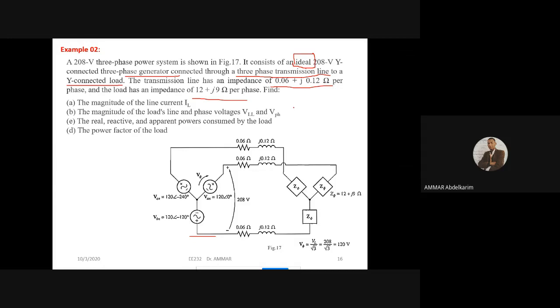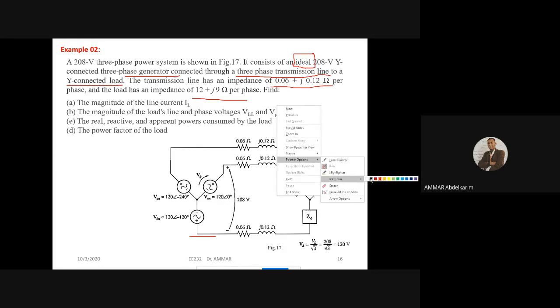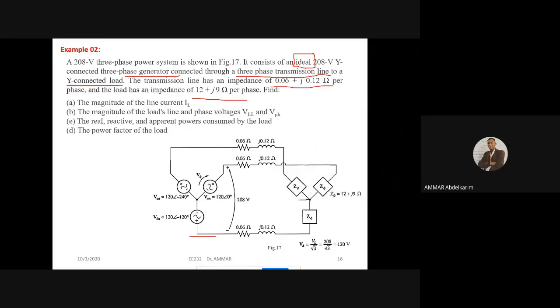So firstly, for the per phase circuit analysis, we need a balanced system. The first condition is achieved. Second, if we don't have the neutral, we add it, because in the balanced system, the absence or the presence of the neutral will not affect the system, because the current in the neutral is considered zero.